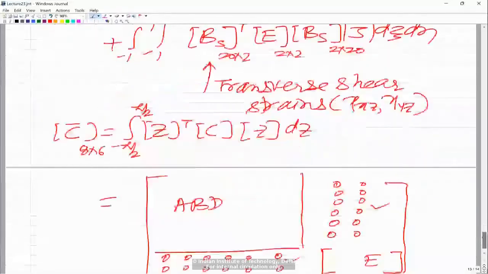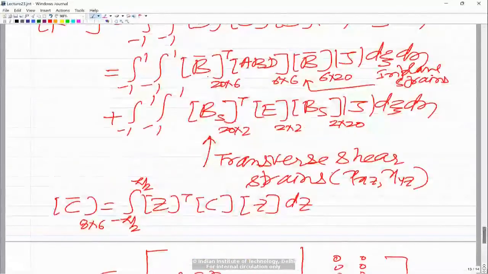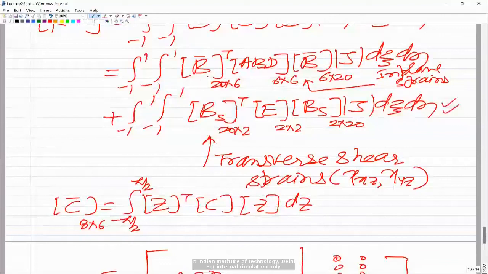So now what we do when we do the numerical integration, when we are using this same element for the thin plate problems, we do the reduced integration for this. We said the exact integration order is 2 by 2 integration.